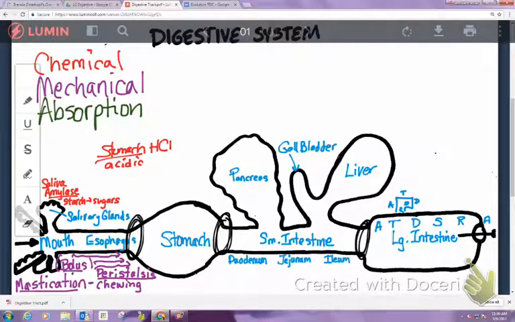We have a couple of enzymes, gastrin and pepsin. Pepsin breaks down proteins. Does anybody remember what a protein gets broken down into? Amino acids. Oh, somebody remembers their bio.